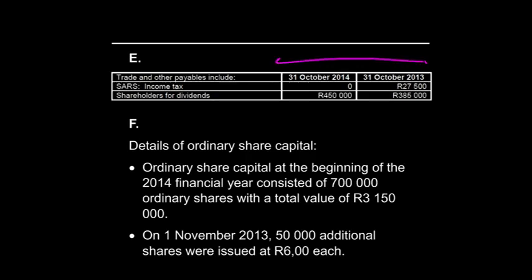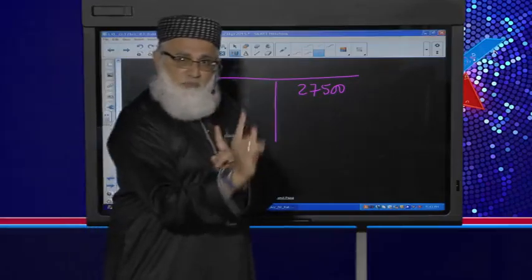At the beginning of the year, my SARS income tax appears under trade and other payables, 27,500 as my opening balance.